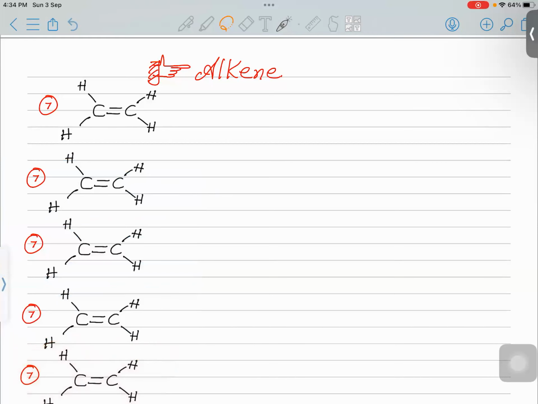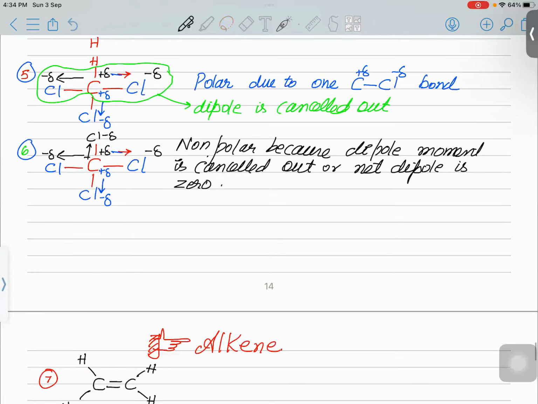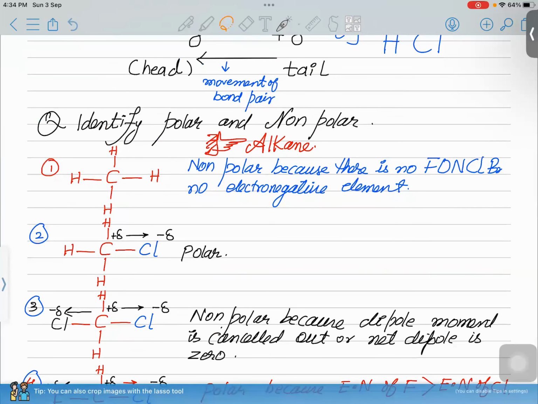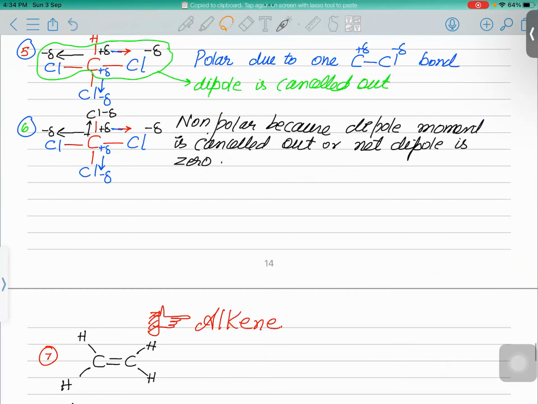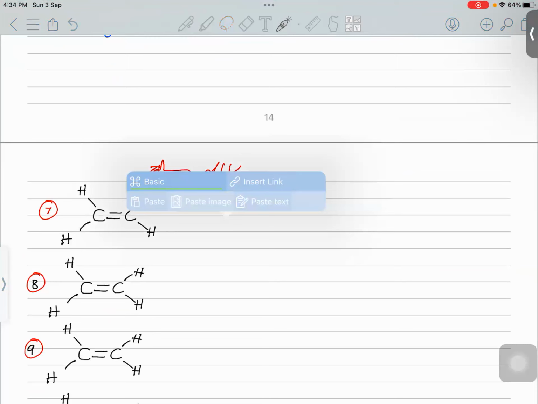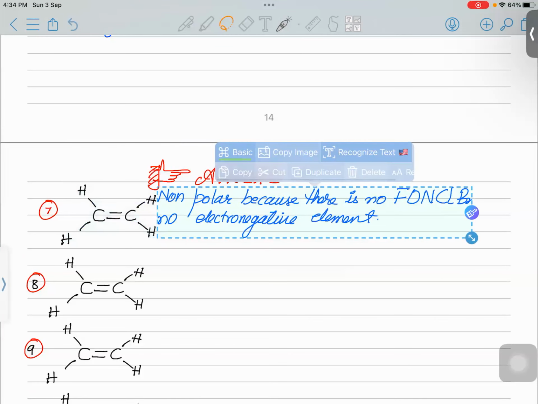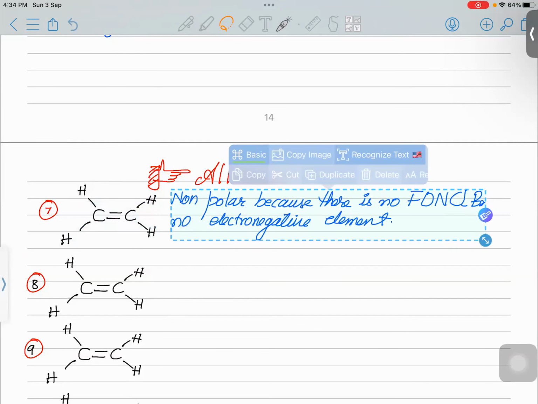Why non-polar? Because there's no element from the FON club. Exactly. Correct answer. Non-polar, because there is no electronegative element.